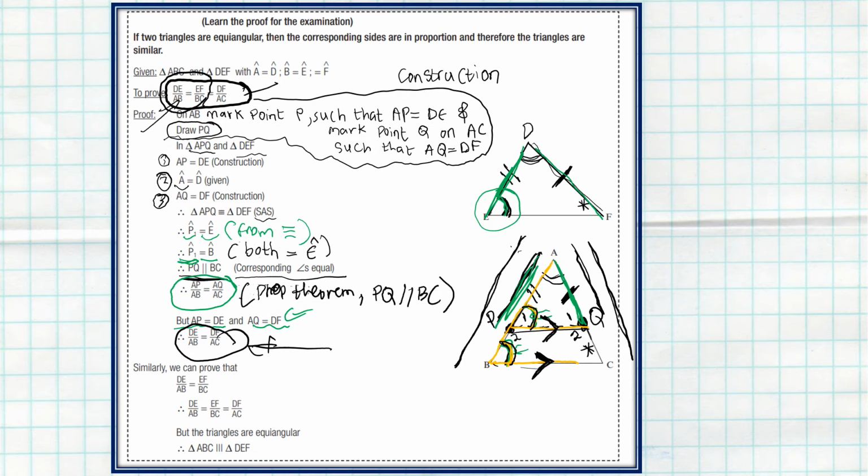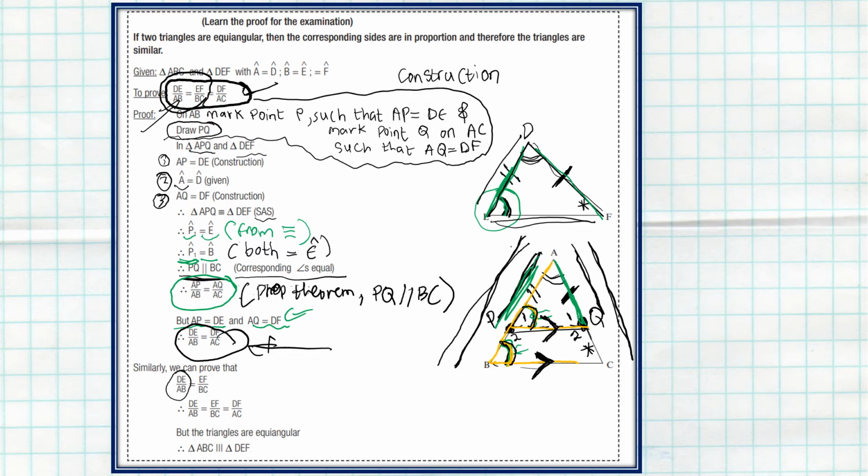So in order to prove this third part of the theorem, we can do it by the same method. Similarly, we can prove that DE over AB will be the same as EF over BC, by following the same procedure.